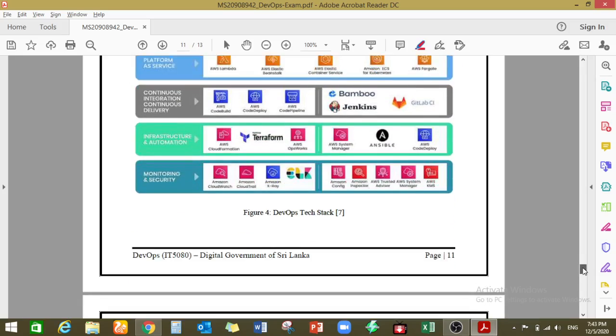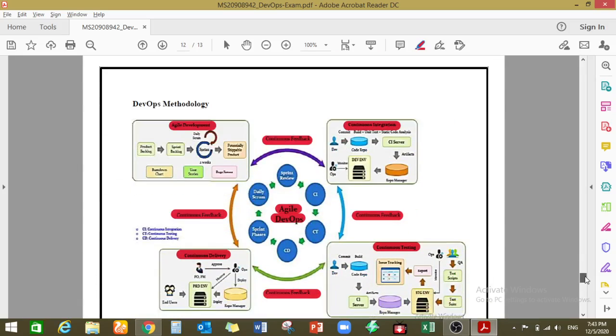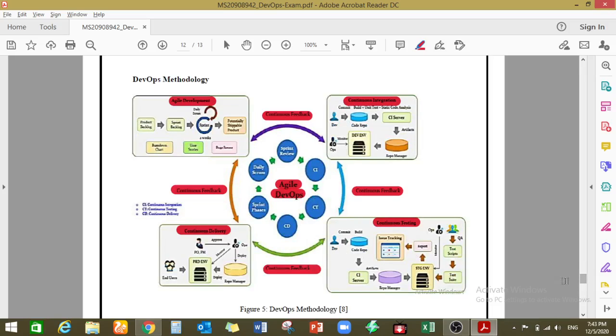And also, the DevOps methodology that we can use for developing this model is DevOps with the agile mindset.